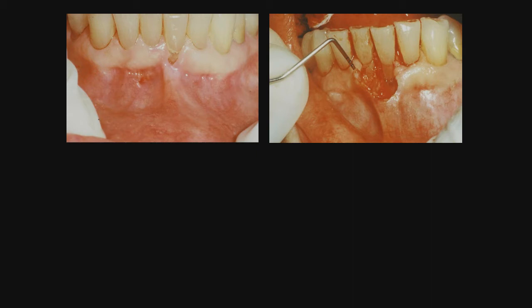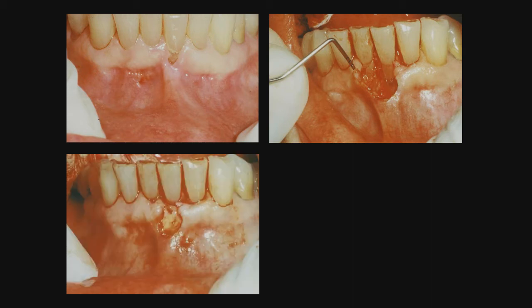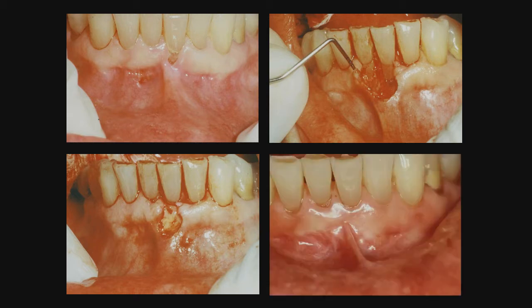You will notice that the area has been flapped back, but the frenum has not been removed. And we've placed connective tissue there, and hopefully we're going to gain attached gingiva incisal to that at the cemento-enamel junction. Here we see about a 25-year post-op, and note that we do have keratinized tissue regenerated incisal to that frenum.